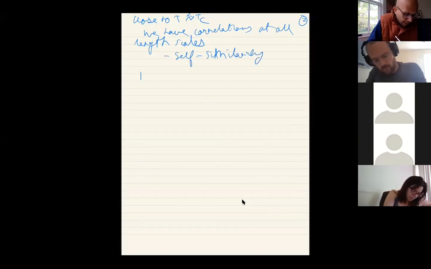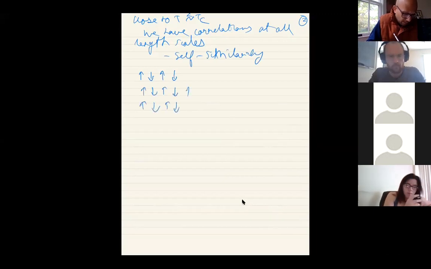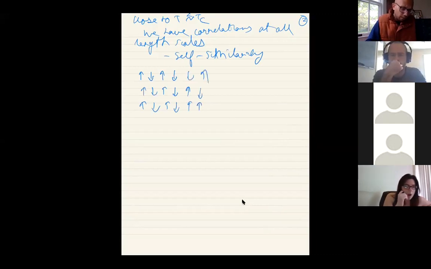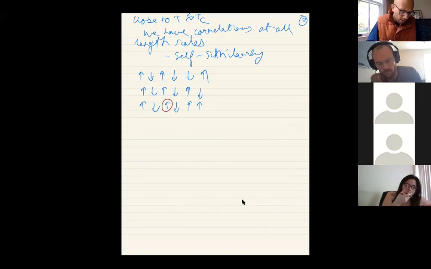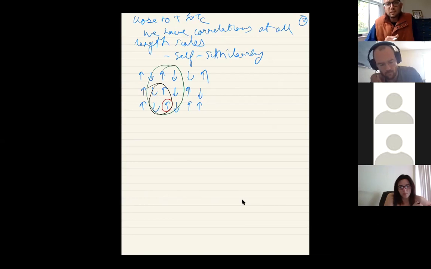If you think of an Ising model with plus spins, down spins, plus spin, down spins, and things like this, what this is really telling you is you could look at one spin at a time, or you could look at a block of 4 spins at a time, or you could look at a block of 9 spins at a time. Not much is going to change because the system is long range correlated. It will act in the same way.